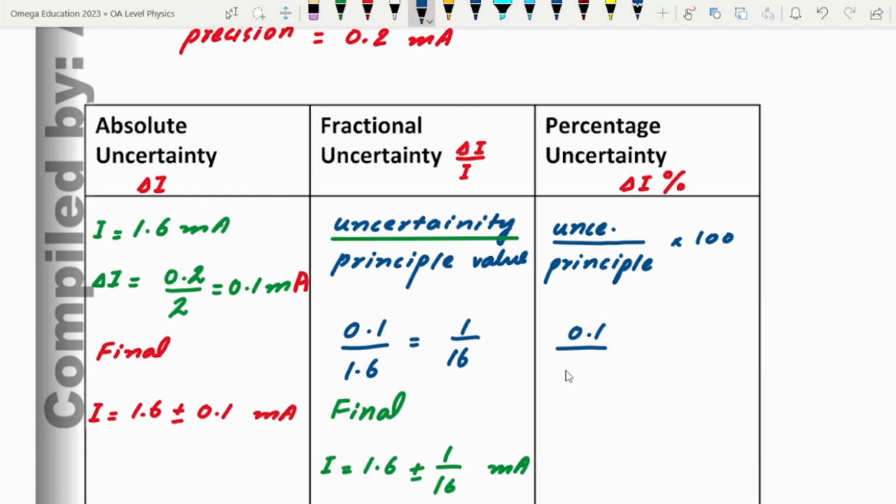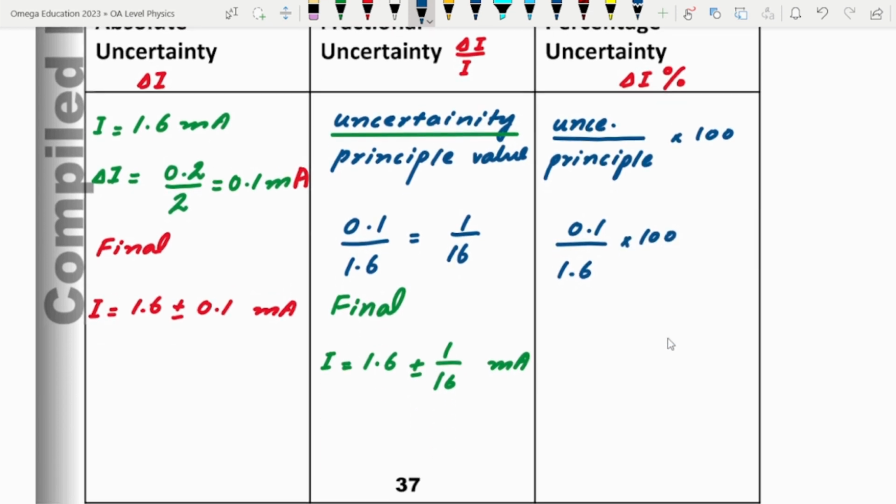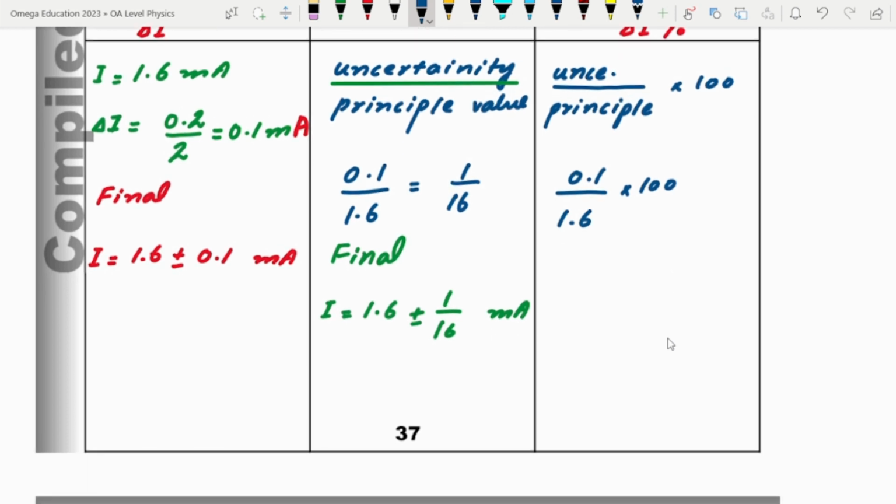Divided by the principal value, 1.6, multiplied by 100. And then the next step, hit it on the calculator, you get the value of delta I, the percentage uncertainty in current. It'll be 6.25%. Okay, just do it on the calculator.